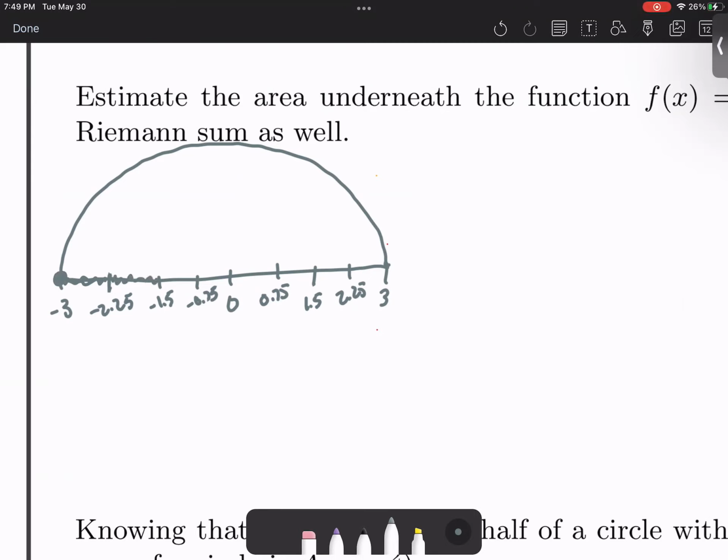This next rectangle, I'm going to get my height from the left-hand point. Same thing for this rectangle, in fact for all of these rectangles. So you can see at the middle there, where the function is not changing very drastically, the rectangles actually do a pretty good job of approximating.